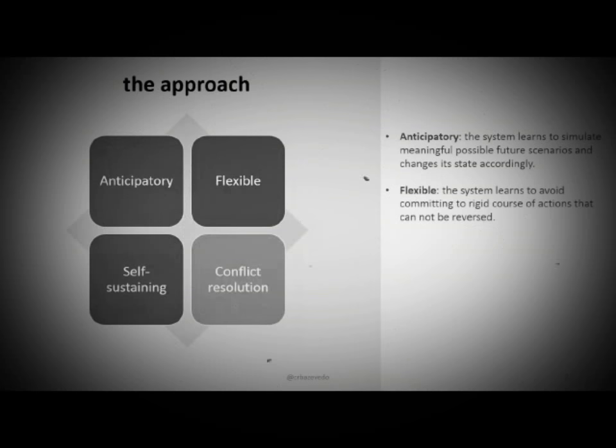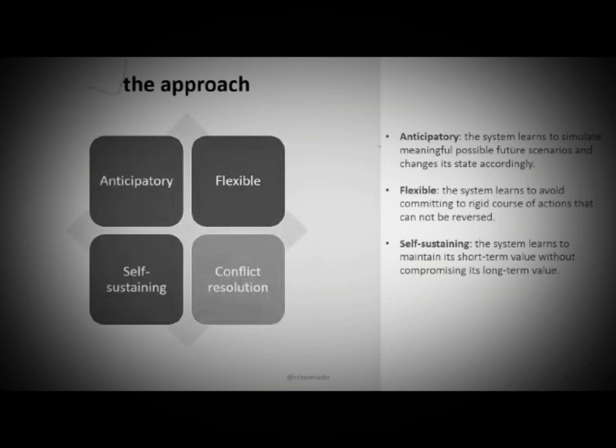Second, flexibility. The system should learn to avoid committing to rigid courses of action that cannot be reversed. In other words, we should strive to design systems that keep their future options open, so that you end up with better action sets in the future that will help you in fulfilling your future goals.